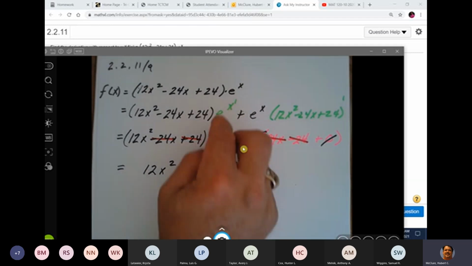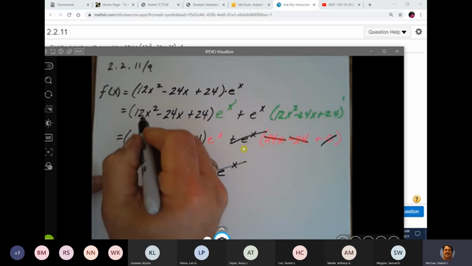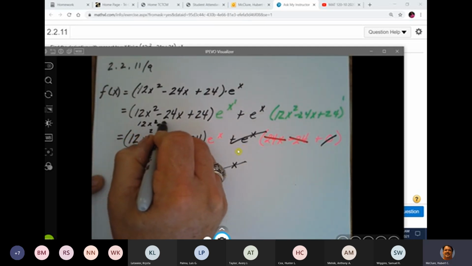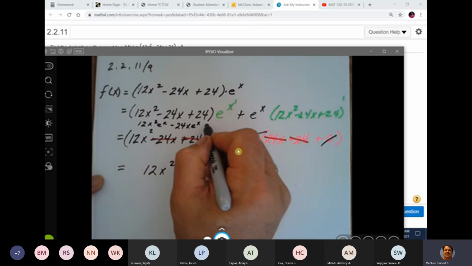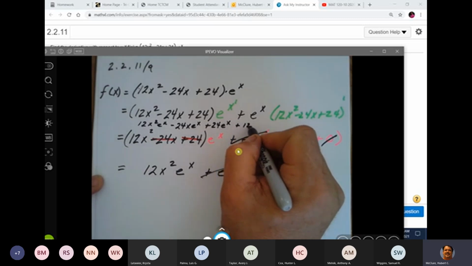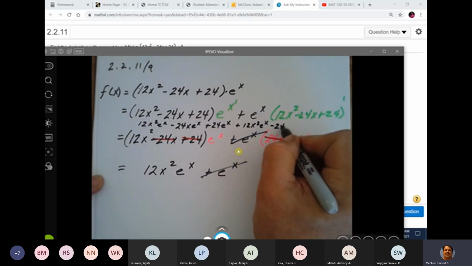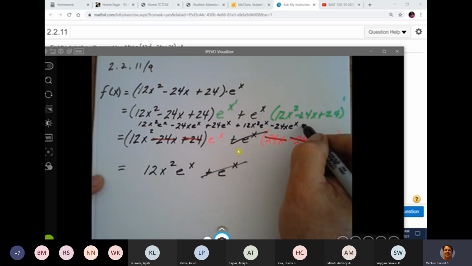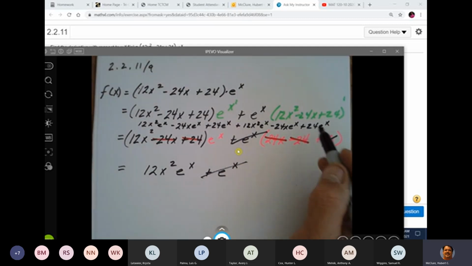Actually, you could distribute, and I didn't do that. So 12x squared e to the x minus 24x e to the x plus 24 e to the x plus 12x squared e to the x minus 24x e to the x plus 24 e to the x. And that goes to 0 when you do the derivative.